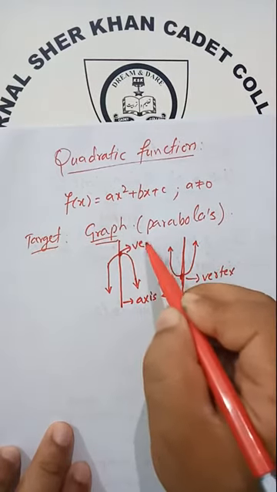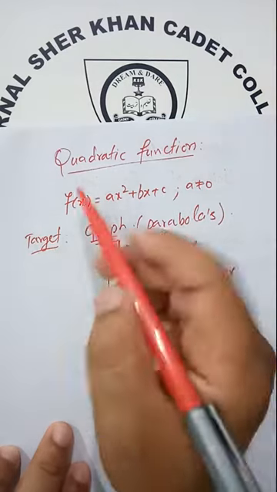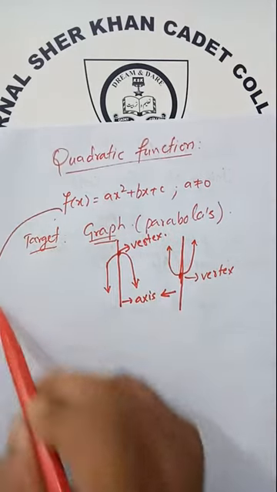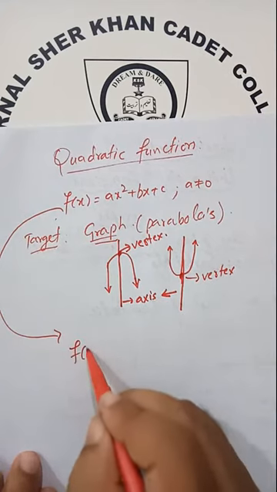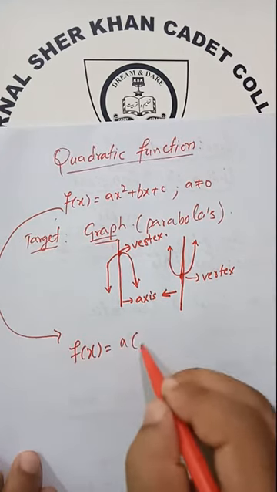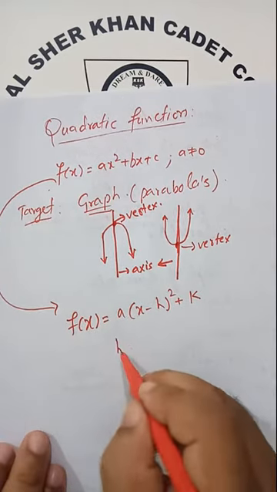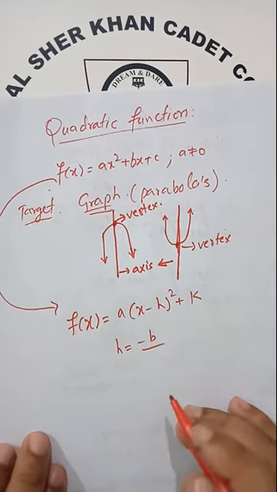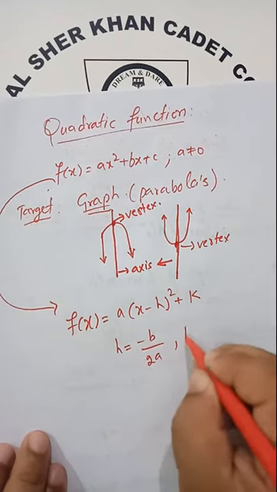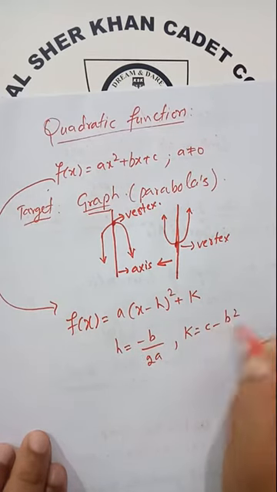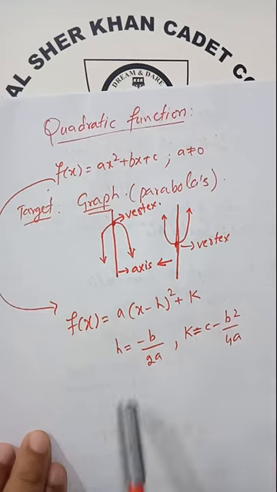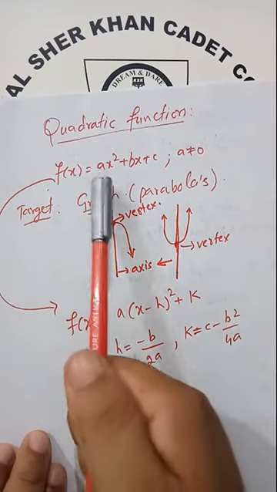Now we convert this function into this by the completing square method, a times (x minus h) whole square plus k, where h is equal to minus b divided by 2a and k is equal to c minus b square divided by 4a. This h and k may be calculated from here.